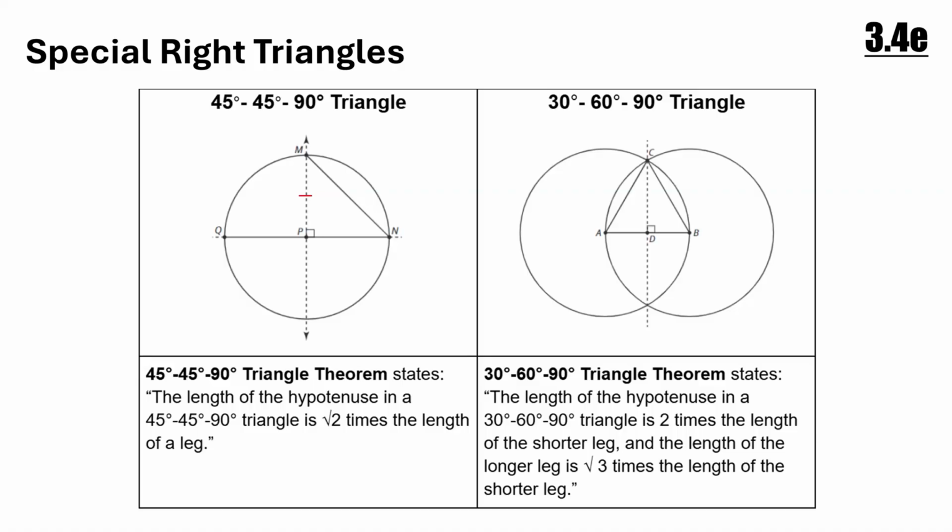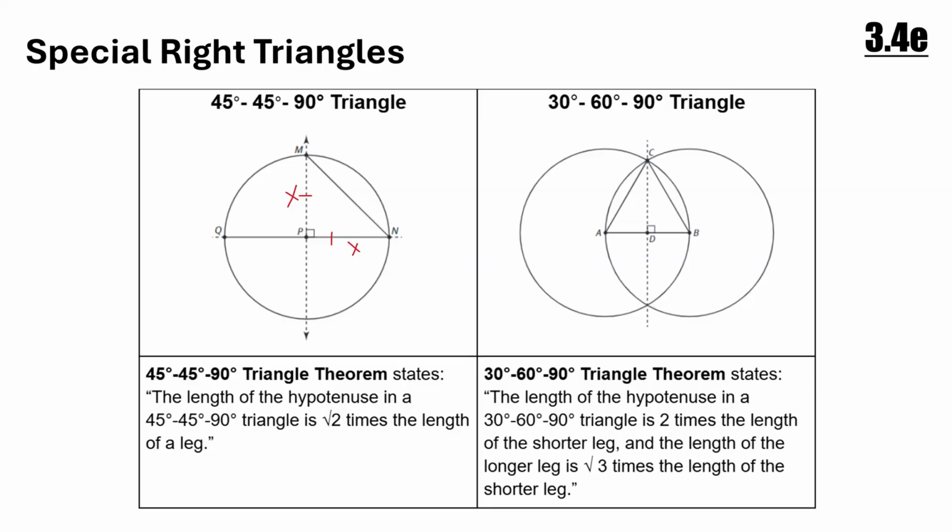A 45-45-90 right triangle is isosceles because it has two congruent base angles. Then the sides are also congruent. This means that if both legs have a length of x, then when solving for the hypotenuse using the Pythagorean theorem, you'll end up with x times the square root of 2 for the length of the hypotenuse.